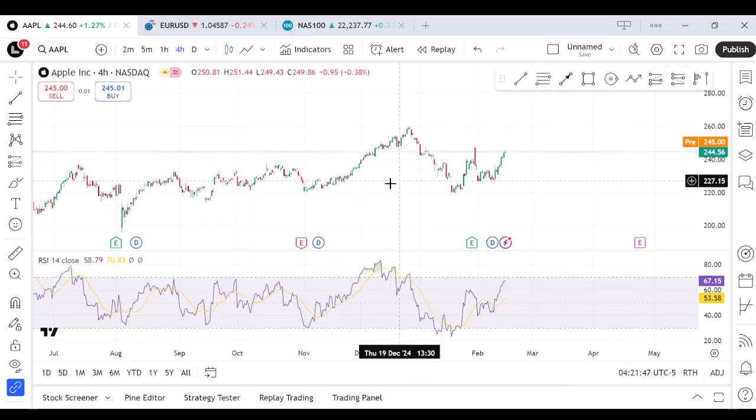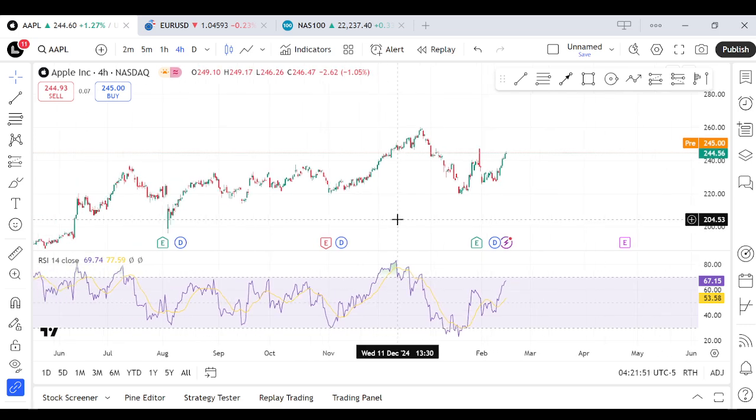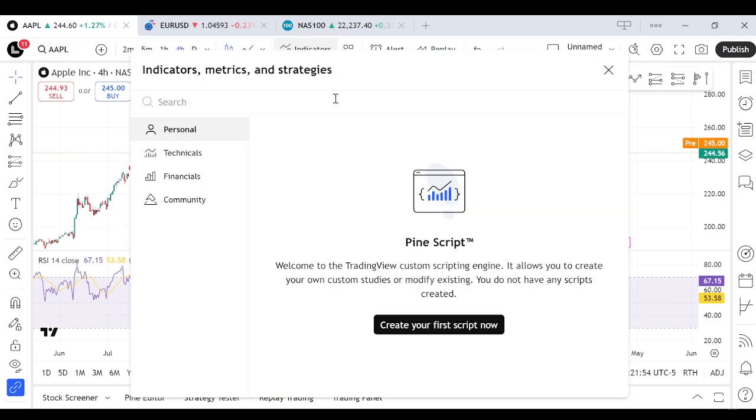Okay, I have added the RSI. I'm waiting for the exponential moving average to load on the chart.